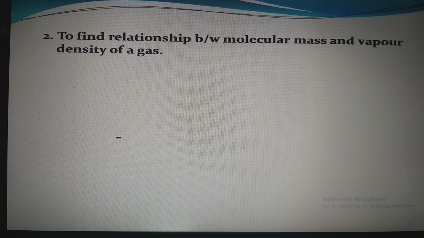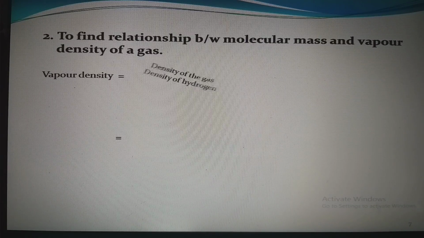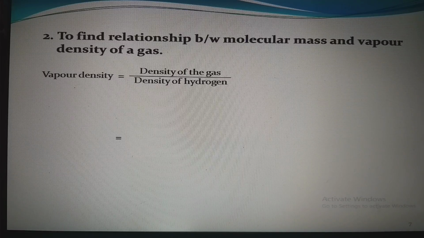The second application of Avogadro's law is to find the relationship between molecular mass and vapor density of a gas. Vapor density is equal to density of the gas divided by density of hydrogen. Now, we have already studied in our previous classes that density is equal to mass upon volume, meaning a given mass per unit volume.